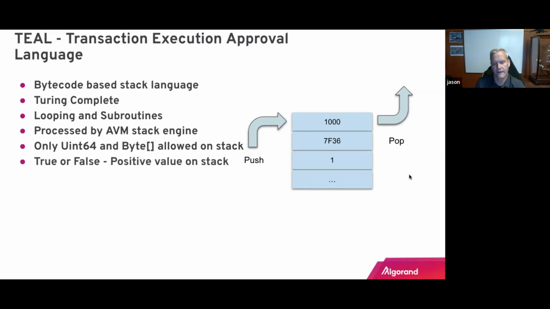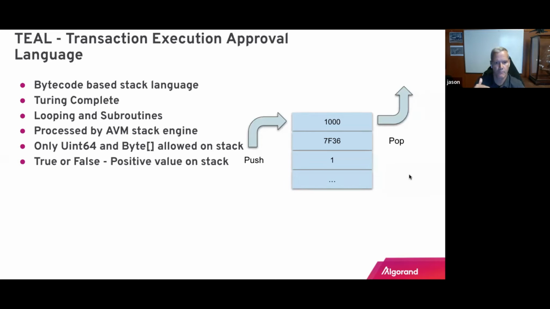At the end of running through your complete code, your contract is going to return true or false based on what's left on the stack. If you have a 0 at the top of the stack, it'll return false. If you have a positive value at the top of the stack, and only one positive value, it'll return true.